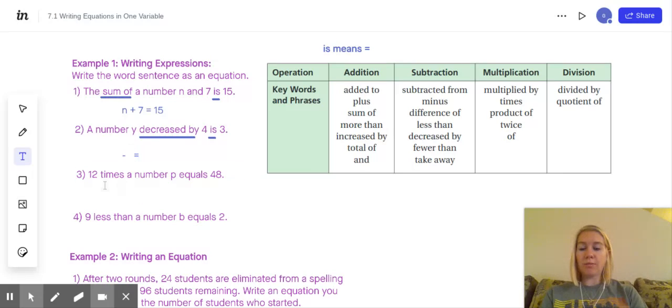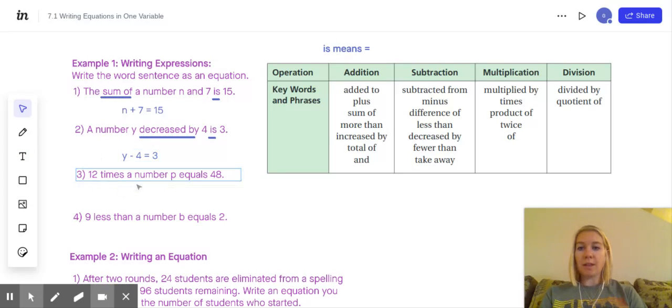So what are we going to be subtracting? A number y. So we're taking our variable y, decreased by 4. So y minus 4 equals 3. And that's it.